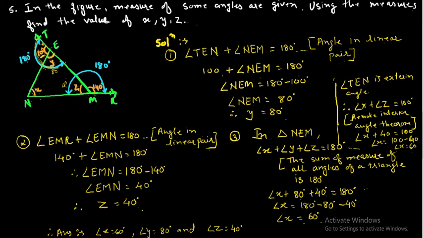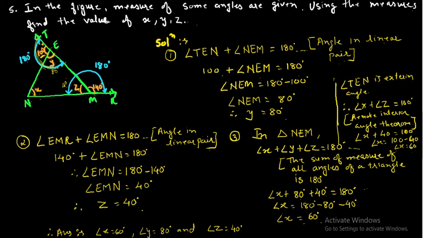Okay, or otherwise you can say that angle TEN is the exterior angle of this triangle. So this angle TEN is equal to angle x plus angle z.